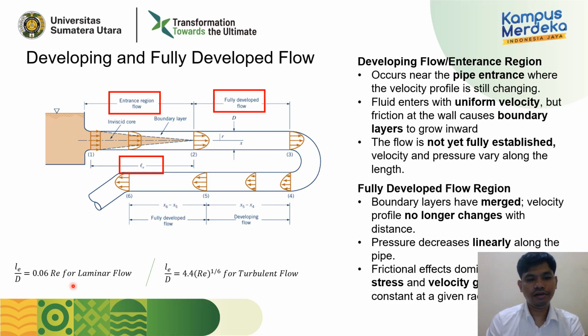And if we find that the flow is laminar, we can use this equation: the length of the entrance region divided by the diameter of the pipe is equal to 0.06 times the Reynolds number. But if we find that the flow is turbulent, we can use a different equation. So it is different how we determine the entrance region flow.